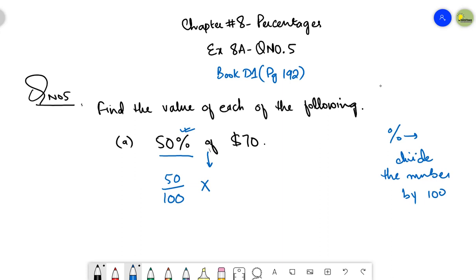Then the "of" is replaced with the multiplication sign, and then you have $70. We can only write 70 right now, and in the answer I will be writing the dollar symbol.